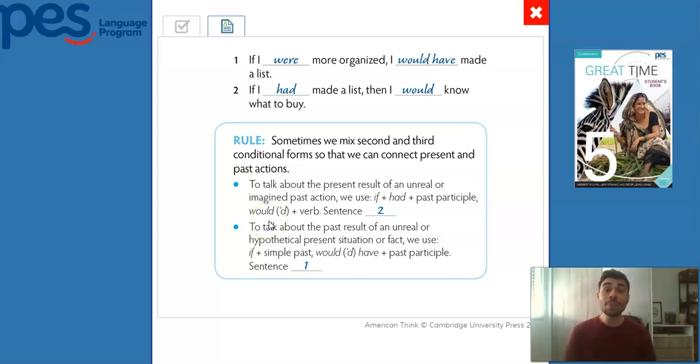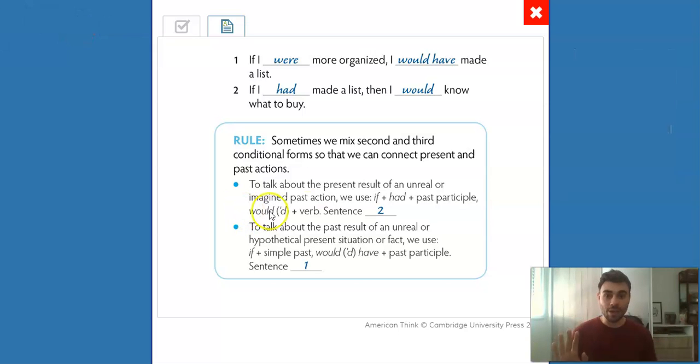So maybe these concepts are not that clear to understand. For now, I'm going to show you some other examples to help you understand better this idea of mixing the two conditions. So, bear with me and I'll be back.